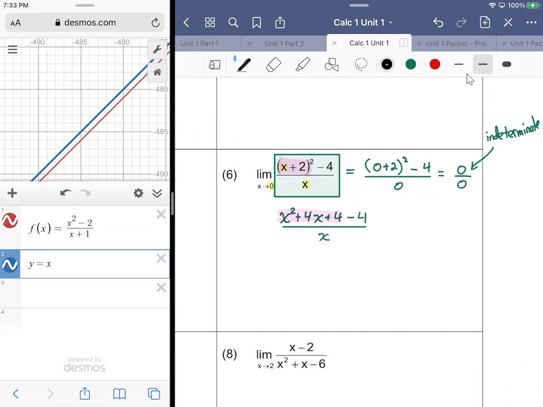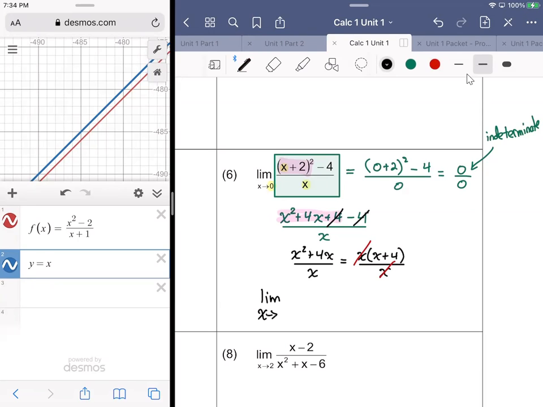But now I see that I have a 4 and a -4 that would cancel out. So I'd have x squared plus 4x over x, which simplifies further. I can factor out an x up top, or you just cancel it straight away. That's up to you. But I can cancel these x's now, and now I have an equivalent expression.